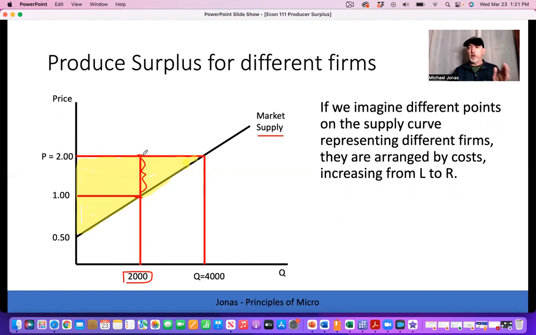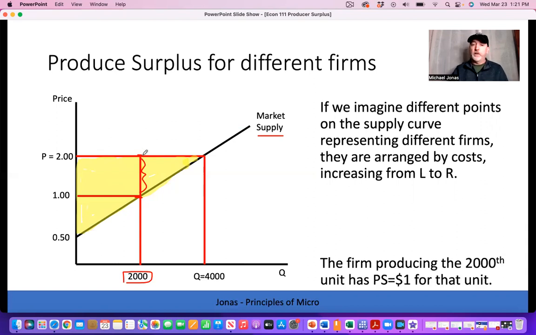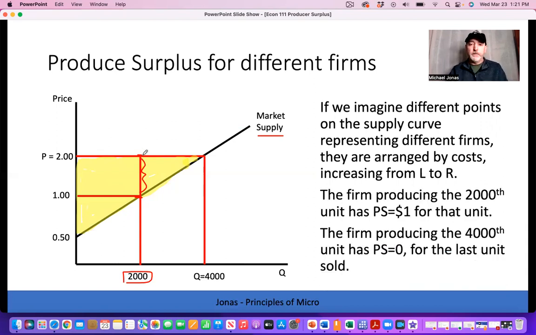That's going to have a $1 net gain, a $1 contribution to total producer surplus. But what about the poor firm that's out here, right? Maybe they're not quite so efficient, or maybe they're operating at the extreme end of their marginal cost curve. Whoever's producing that 4,000th unit, they're just breaking even. They're getting zero producer surplus on that unit.